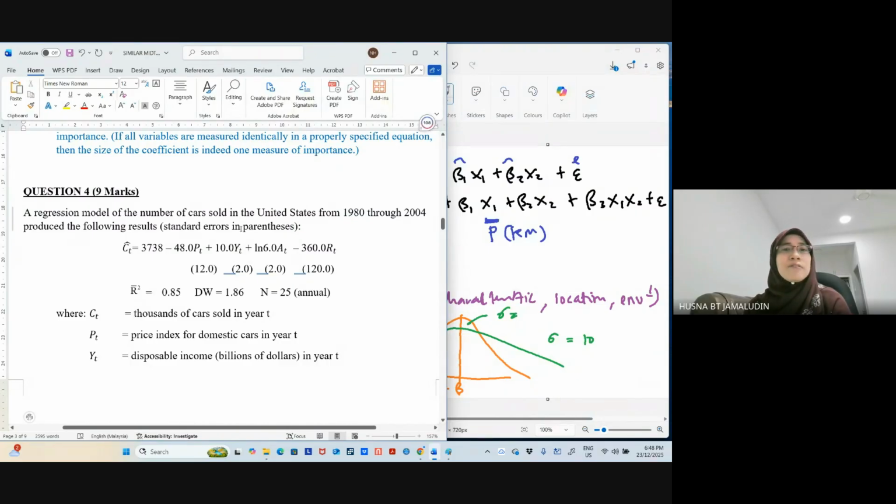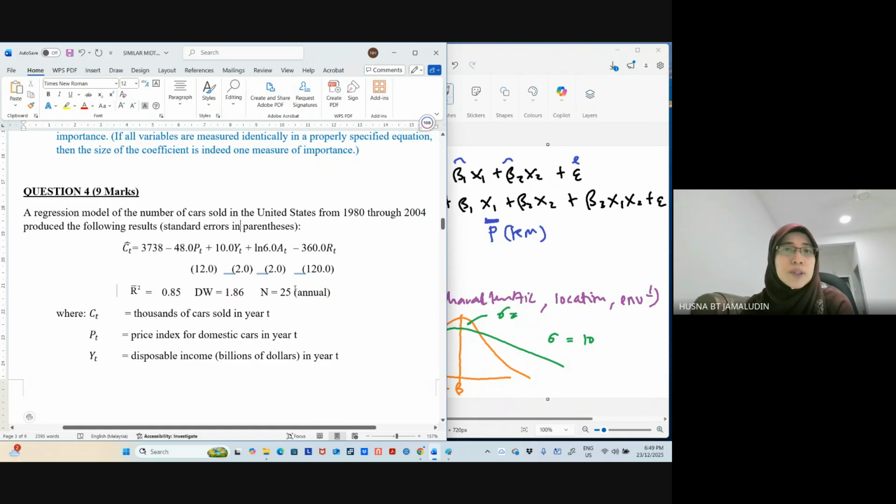Positive. Waiting for you takes ages. Income positive, right? The higher your income, the more purchasing power for you to purchase the car. So the sales of the car may increase. Advertisement, you believe that when the company spends on advertising their car, it will increase the sales of their car. So advertisement will have a positive impact on their sales.